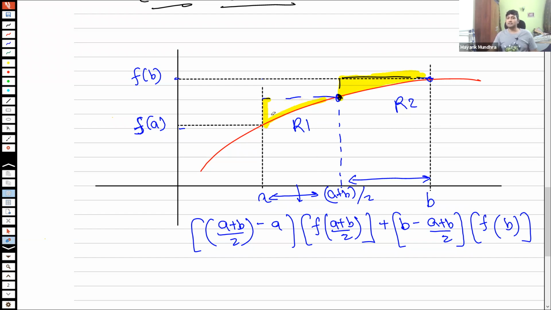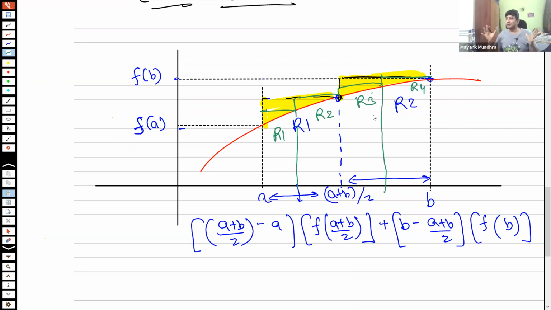So somebody comes along and says, okay, why are you breaking it into two pieces? Instead, let us break it into four pieces. So he says that let's break it up into rectangle 1, then rectangle 2, then rectangle 3, and finally rectangle 4.